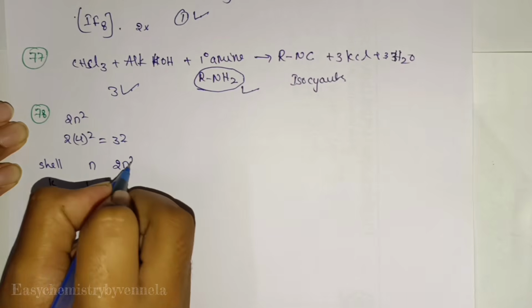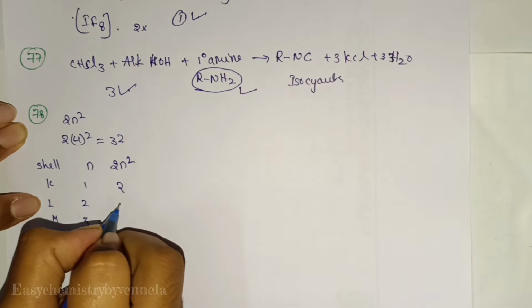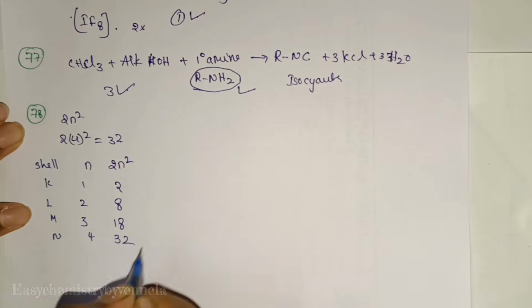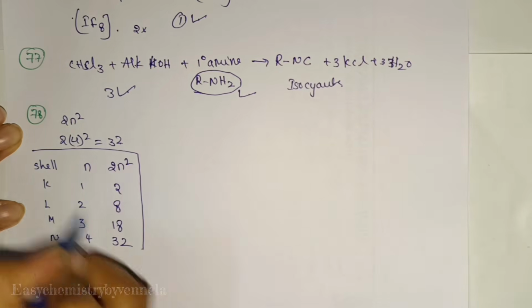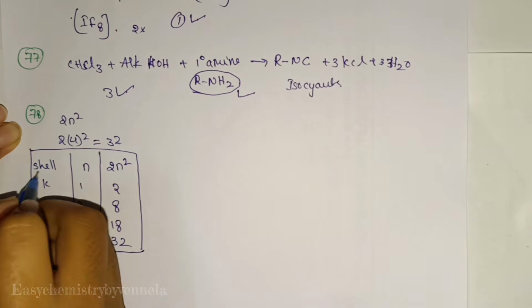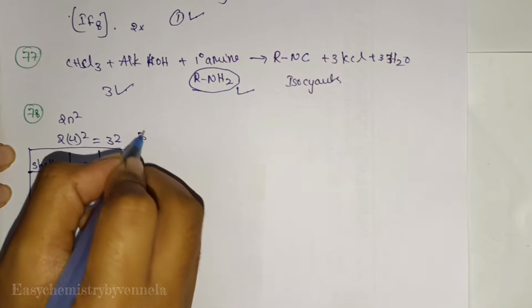Formula 2n square. Here you can substitute n is equal to 2. What is here? 8. Then 18, 32. You can remember this. So in this question, the correct option is the third one.